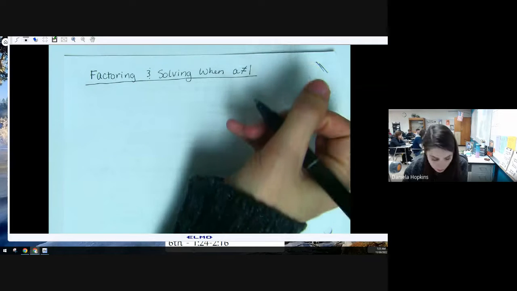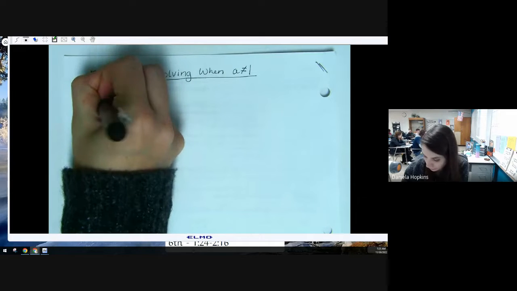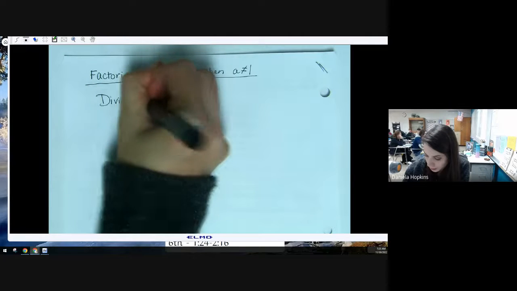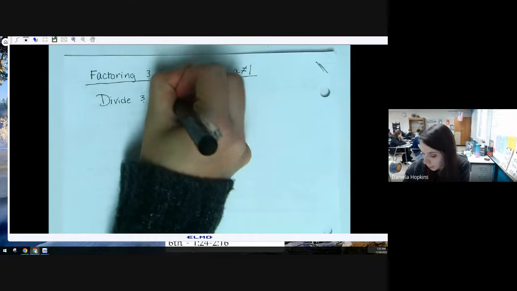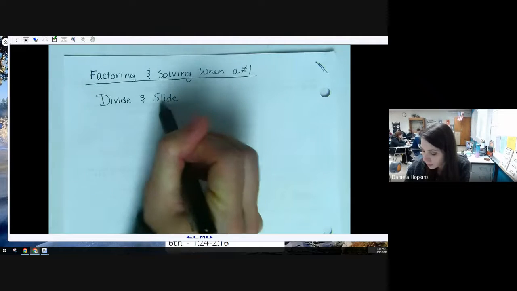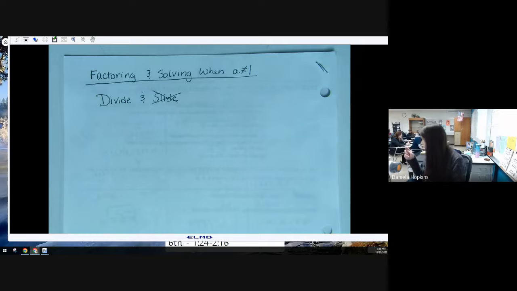Okay, so I'm going to call this divide and slide like we did yesterday, although I think I said slide and divide. And then I'm going to do something weird. I'm actually going to write slide but cross it off, because with the solution, we don't technically have to do the slide part. And I'm going to show you what I mean here in a second.